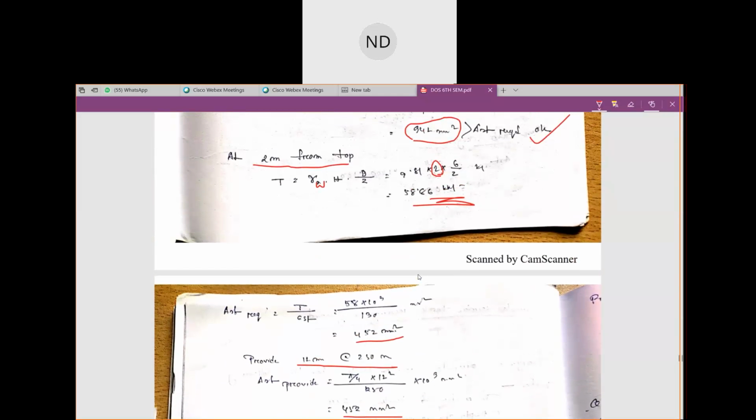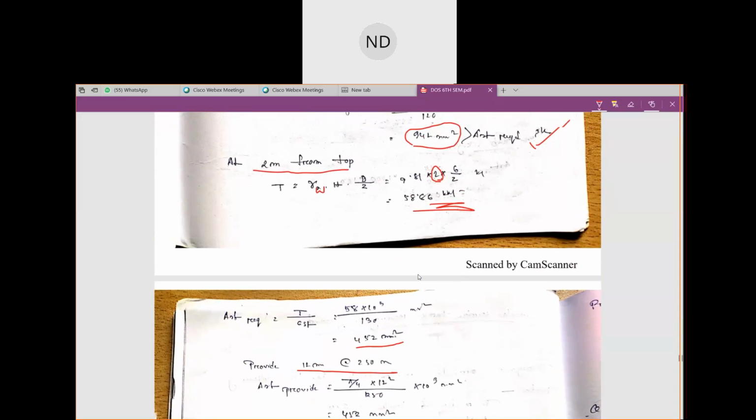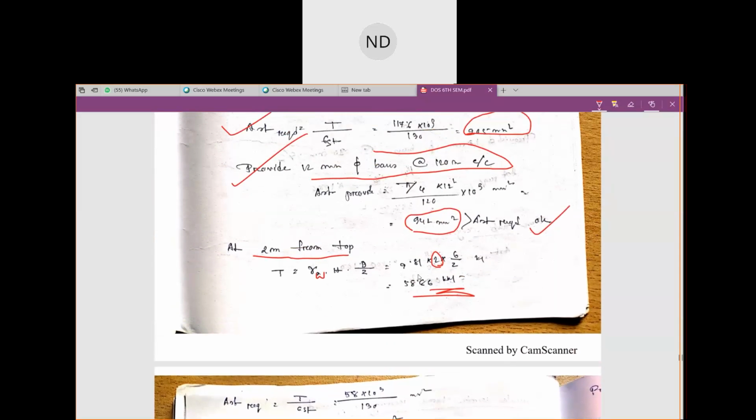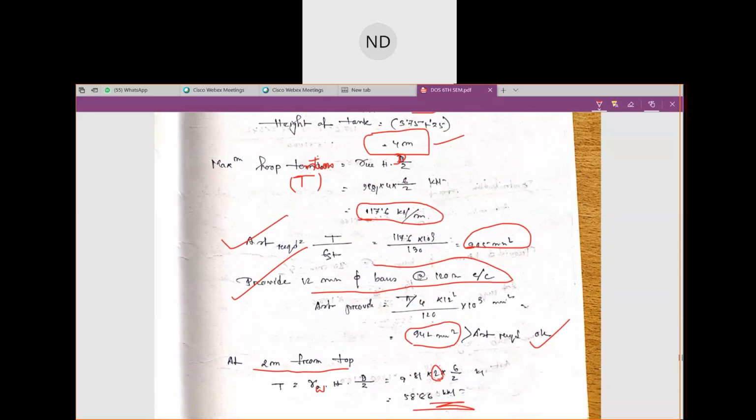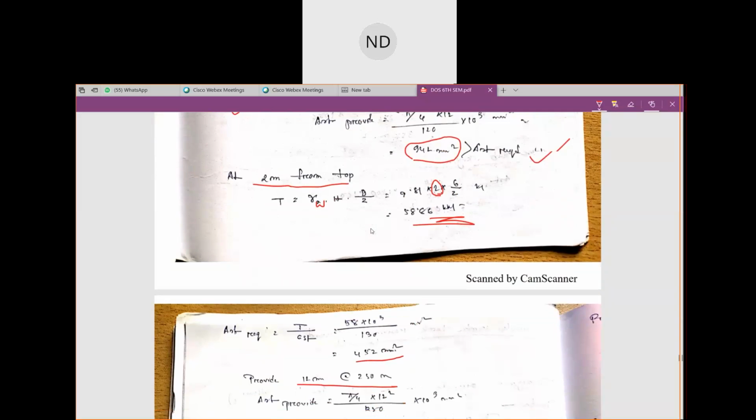T we have calculated already, 117.6, the hook tension for the total height h.